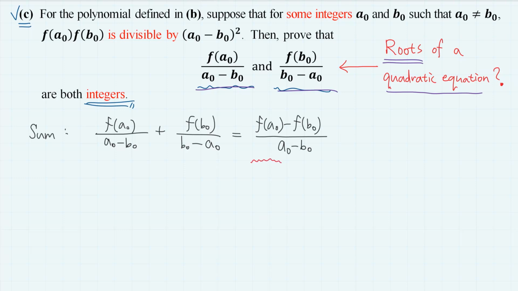And hey, this expression looks familiar. We have seen this in problem B. And by the conclusion of that problem, this number must be an integer, so we can let this expression equal capital M, which is an integer.